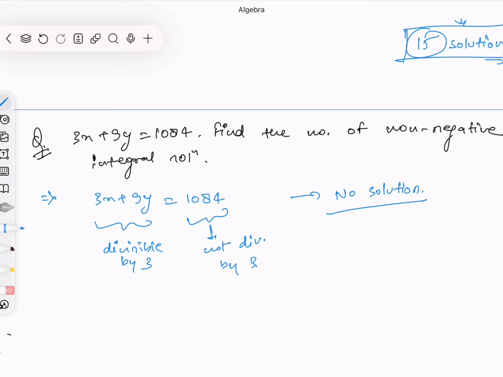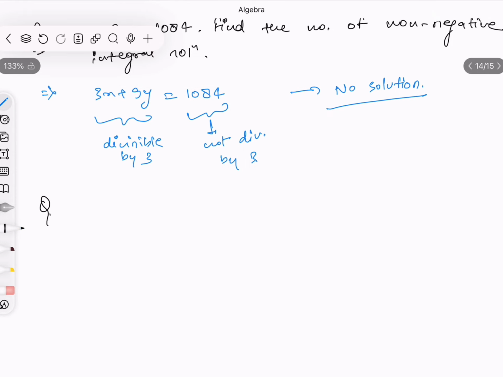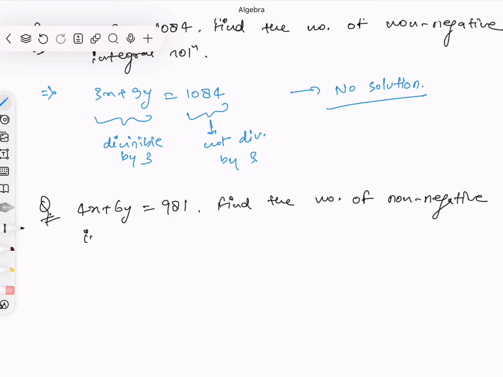Let's see one more. You have 4x plus 6y equals 981. So find the number of non-negative integral solutions.